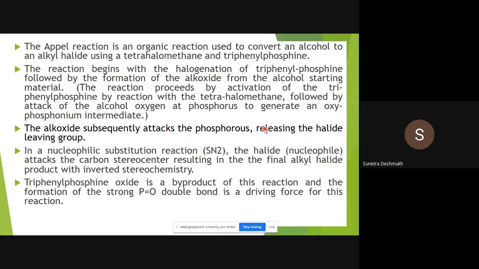Now we will see the mechanism of the Appel reaction. The Appel reaction is an organic reaction used to convert an alcohol to an alkyl halide using a tetrahalomethane and triphenylphosphine.